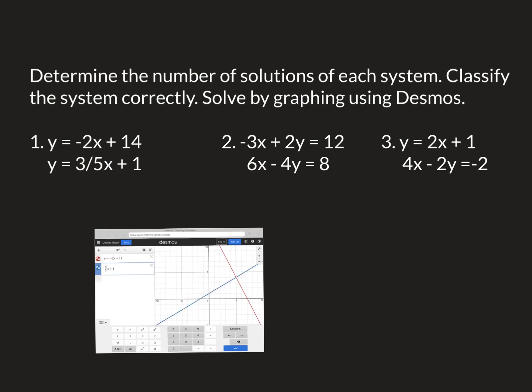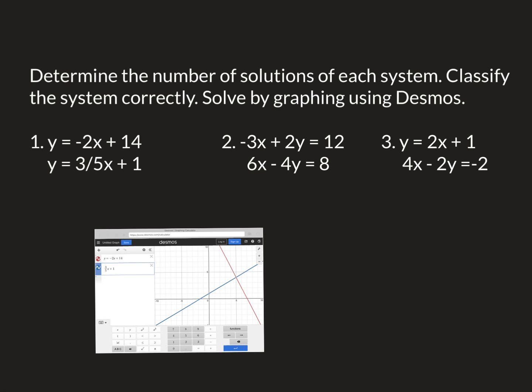It looks like the number of solutions this graph has, let's write that down, is one solution. And according to the chart on the previous page, since it has one solution, it's consistent and independent.